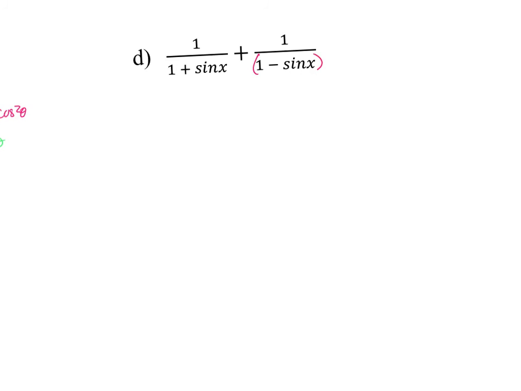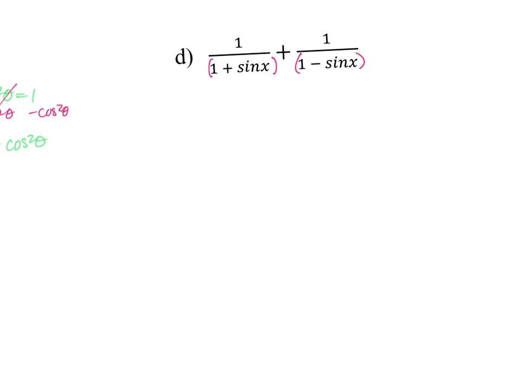To get a common denominator, I need to make them both the same. When they're not the same, I can treat them as factors. If I want this one to look the same as that one, I can just multiply by the same factor. So I can multiply this side by 1 plus sine x, and I can multiply this side by 1 minus sine x.